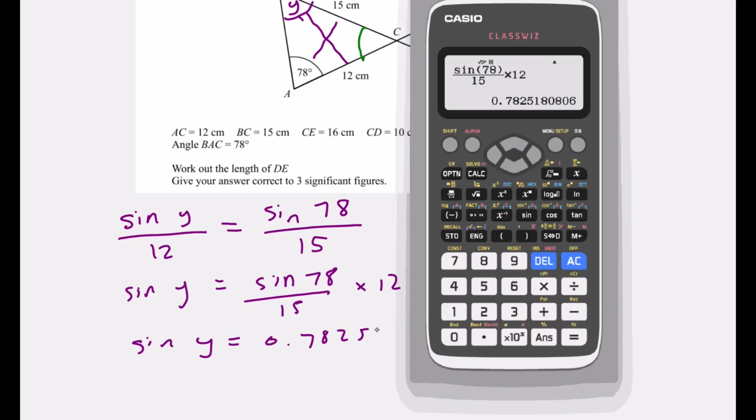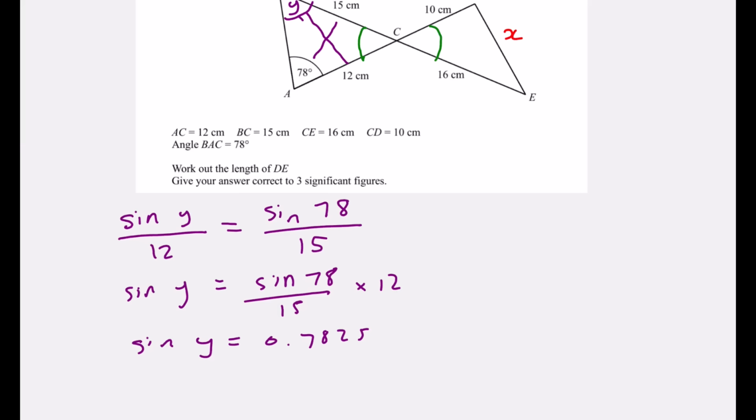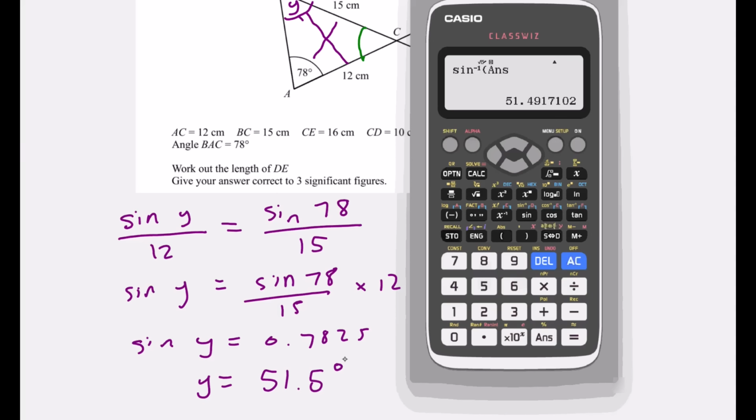So to find y, I'm going to shift sine. Whenever we're finding an angle, we're using shift sine or shift cos or shift tan. And we're getting 51.5 degrees. And remember, we're using the whole number in the calculator.